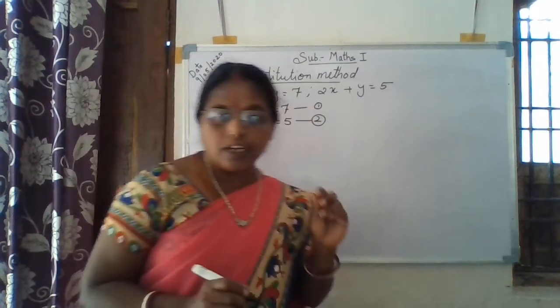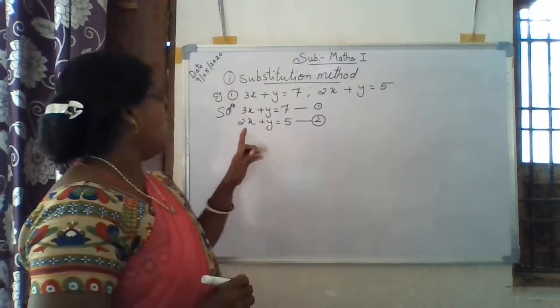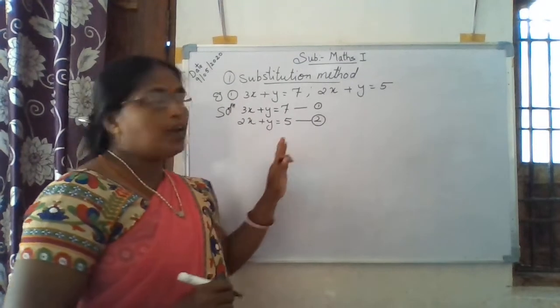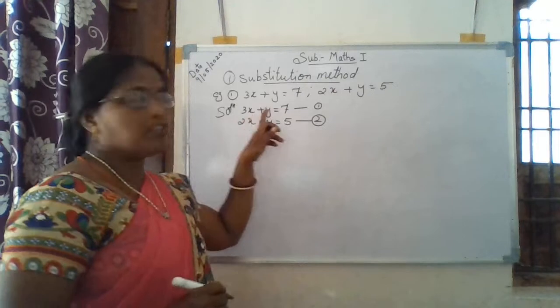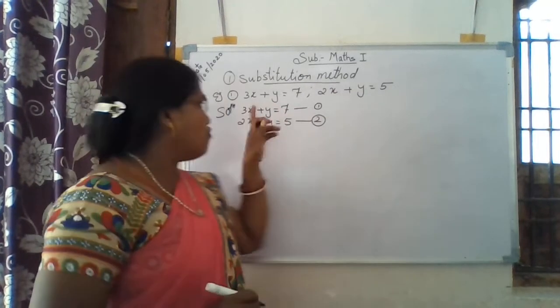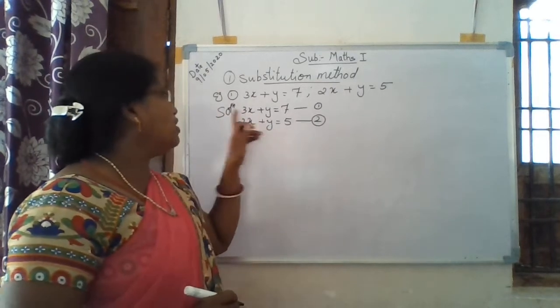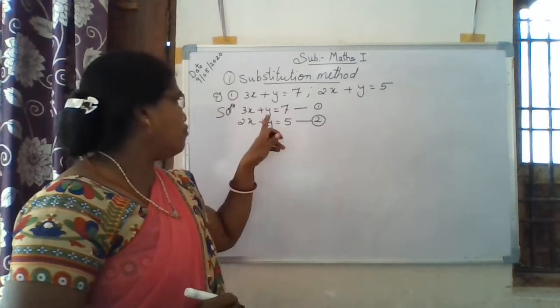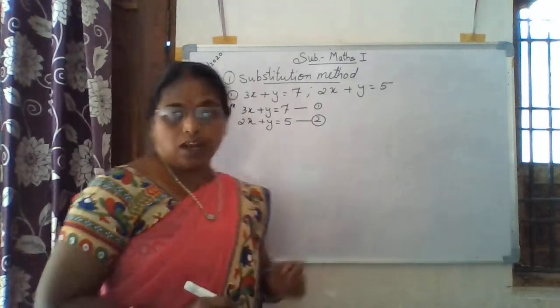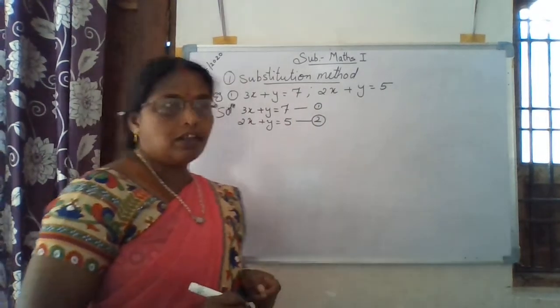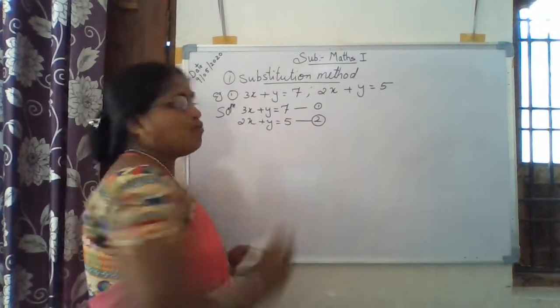As you have already learnt in 9th standard, we have to find out the value of x or the value of y from any one of the equations. So let us now find out the value of y from equation 1. Why have I taken to find out the value of y only?